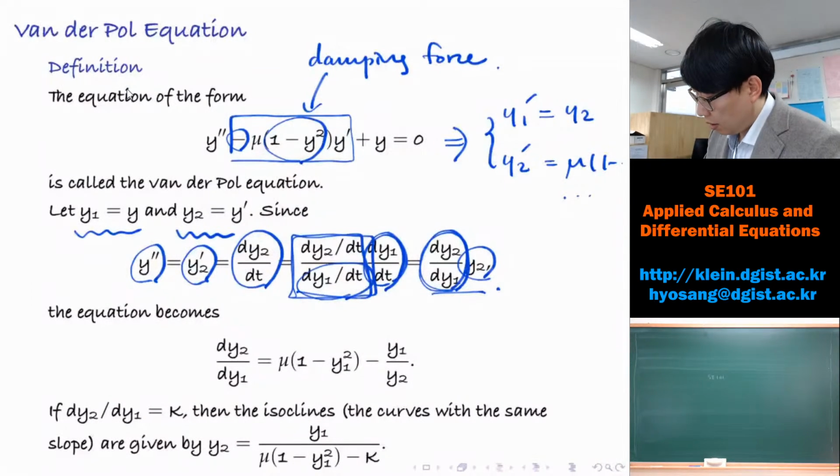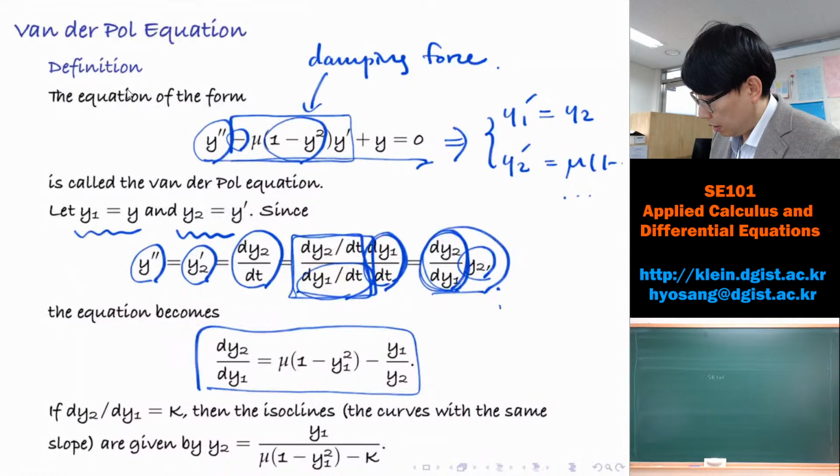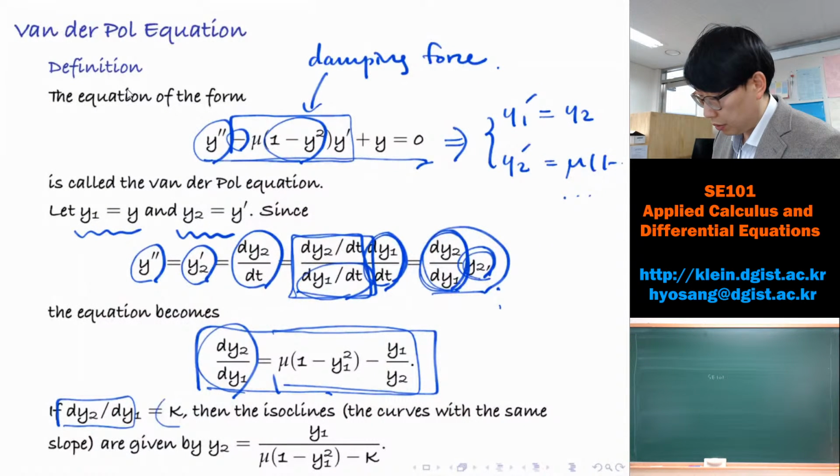And if you rewrite your van der Pol equation again, with this y double prime replaced by these ones, then your equation looks like this. So basically, I divide by y2 on the left and right side, so we get dy2 over dy1 equals to this.